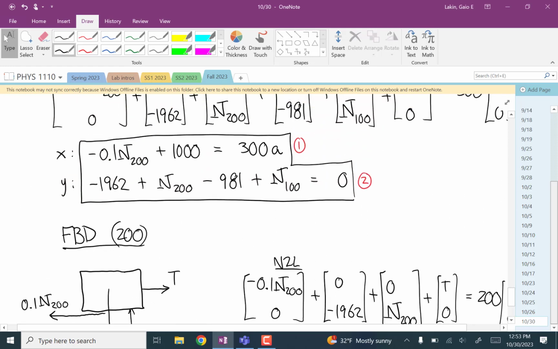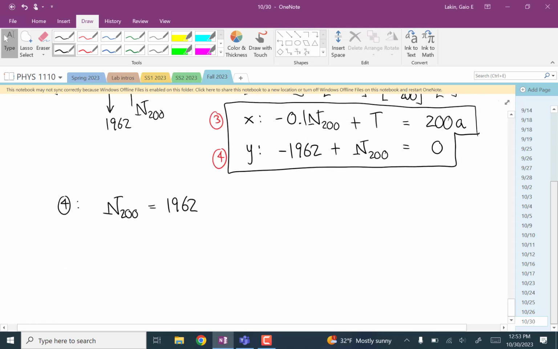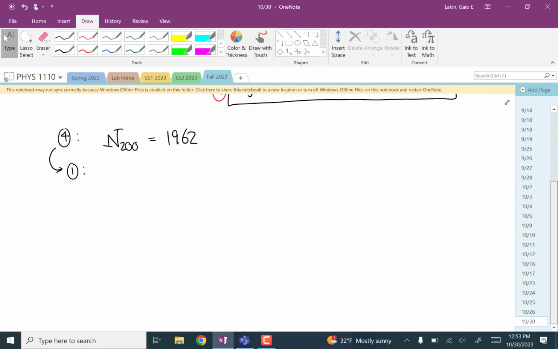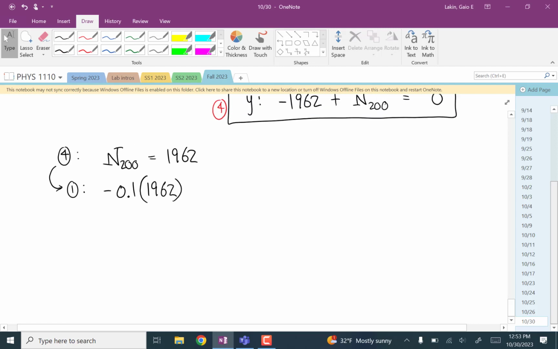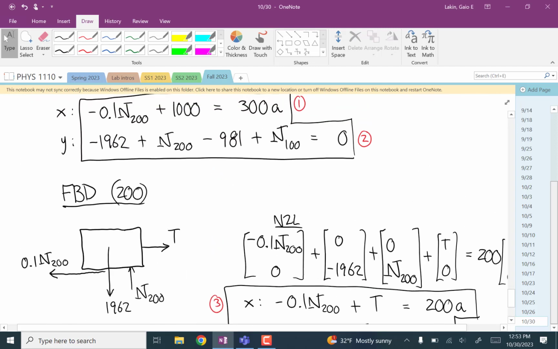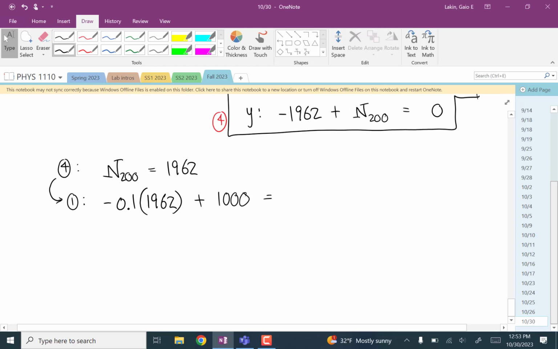And then plug that into equation 1. So we have negative 0.1 times 1962 plus 1,000 is equal to 300A.